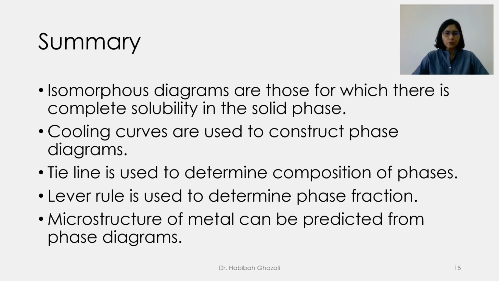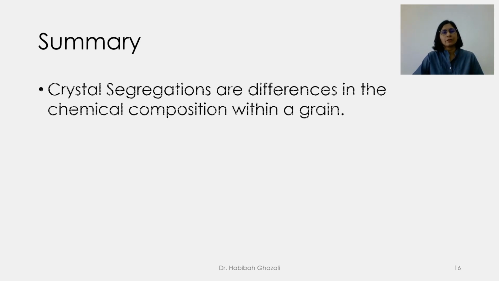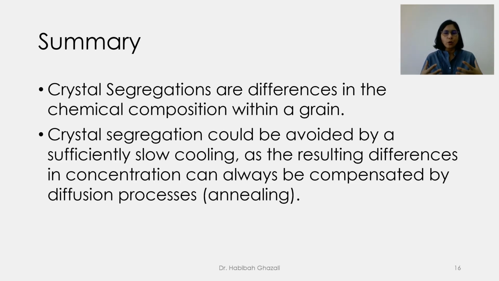The microstructure of a metal can be predicted from the phase diagram. When non-equilibrium cooling is performed during solidification, we can get crystal segregation, which is a difference in chemical composition within a grain, and we can eliminate or avoid this crystal segregation by using a heat treatment or annealing process.